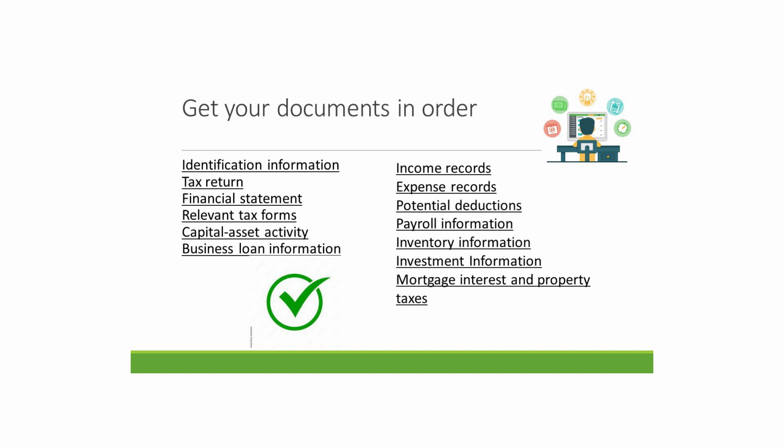Have your income records. This may include bank statements, deposit slips, and/or sales invoices. Also, your expense records, receipts, bills, and credit card statements. And let your tax preparer know of any potential deductions that you qualify for.